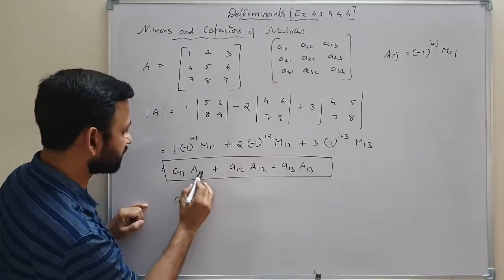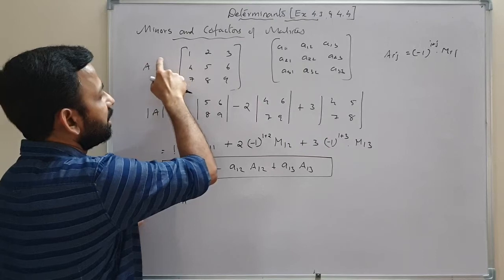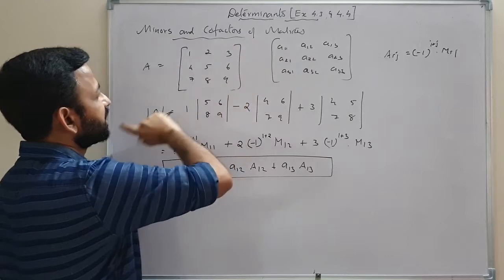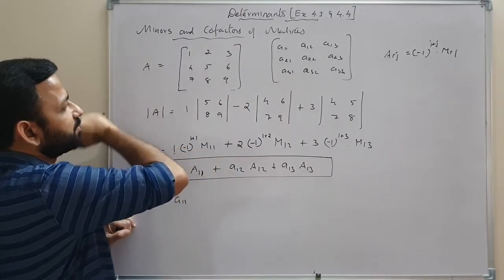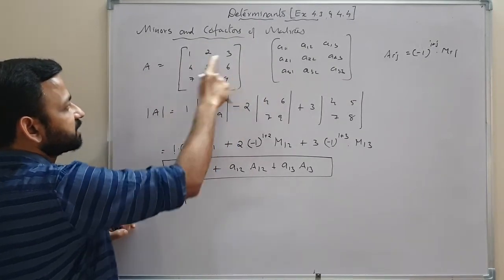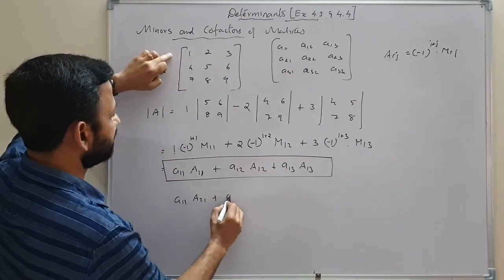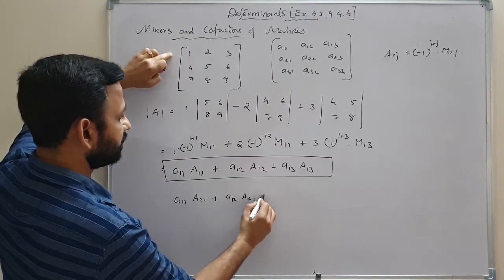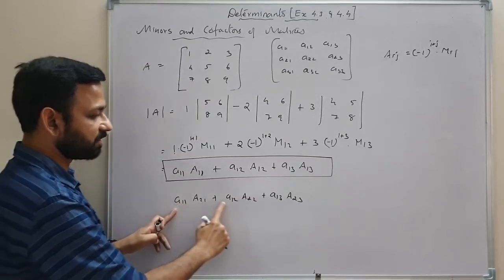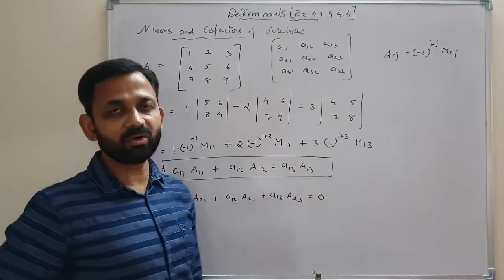For example, suppose we are finding the sum of the products of the elements of the first row and the cofactors of the second row. Suppose it is A11 into A21 plus A12 into A22 plus A13 into A23. So here the sum of the products of the elements of the first row and the cofactors of the second row, the answer will be 0 always.